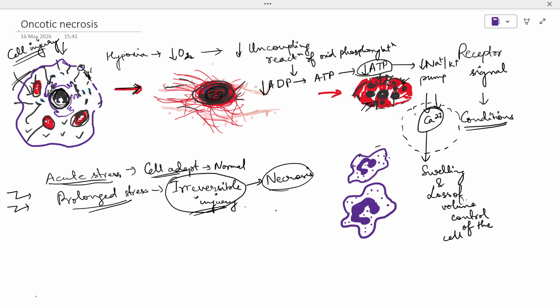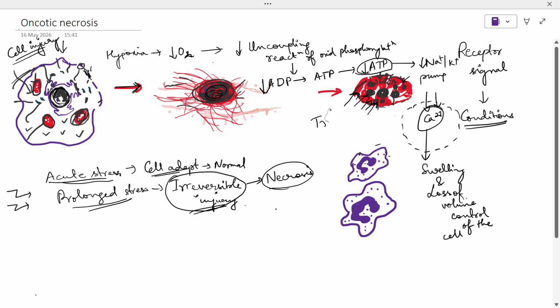The calcium influx also happens in the mitochondria, as there is a transition in mitochondrial membrane permeability.